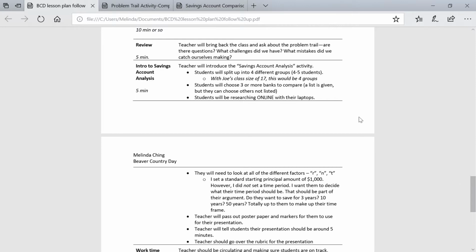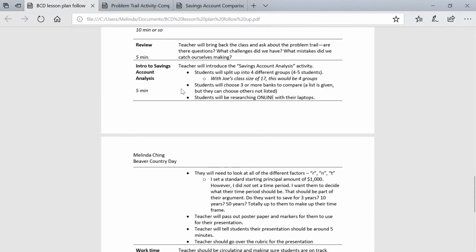So in this activity, students are going to be splitting up into 4 groups. With Joe's class size of 17, that's what I based this lesson plan off of, that would be 4 groups, which is important for me because at the end of the class, I want at least each group to present a 5-minute presentation.